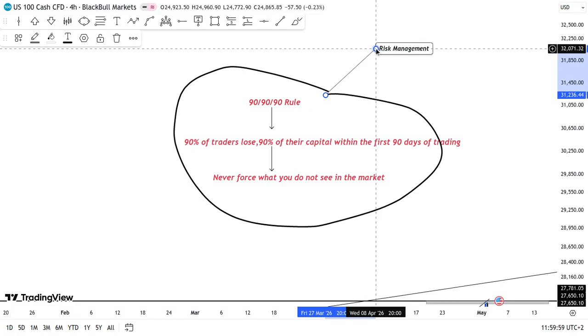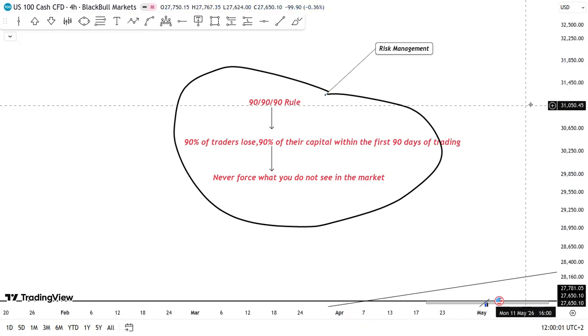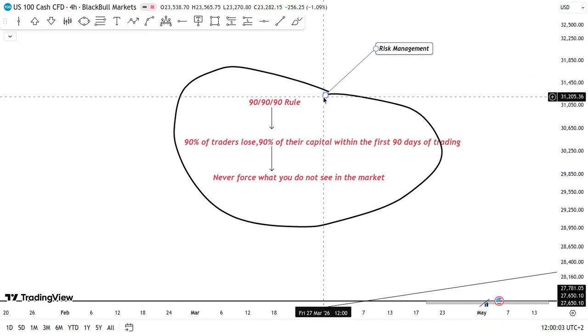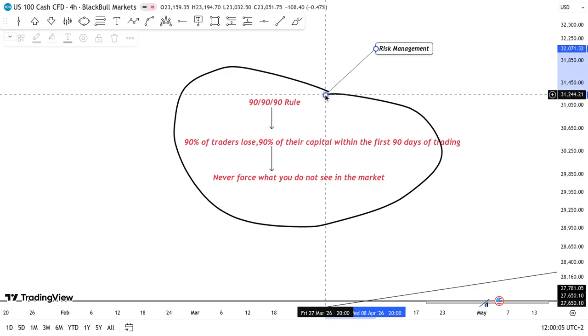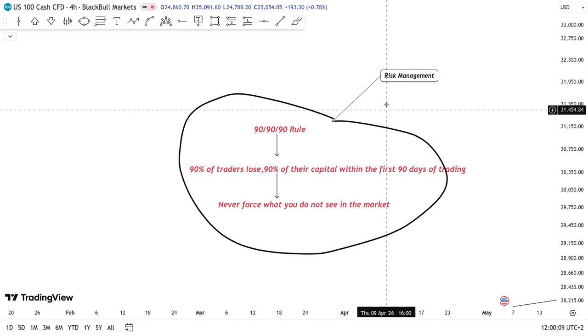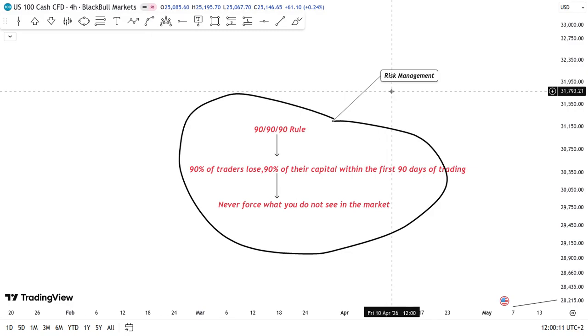Once you master this, guys, depending on your capital, trust me, trust me, personal accounts or live accounts, your money. I've been pushing it and I survived this rule.